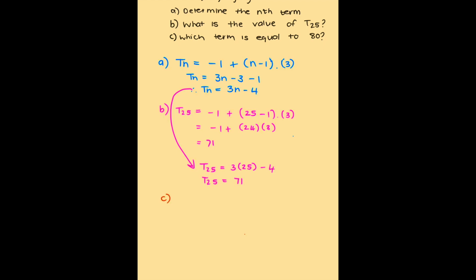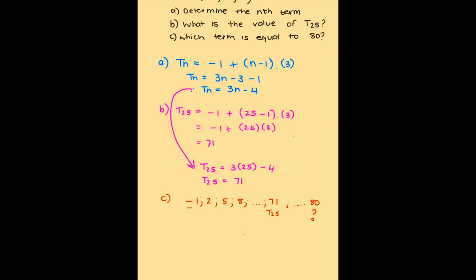So if I just explain this, our pattern has been going -1, 2, 5, 8, and so on. We just figured out that if I got to term 25 it would have a value of 71. Now I want to know, if I kept going and I got to a value of 80, which term is that?